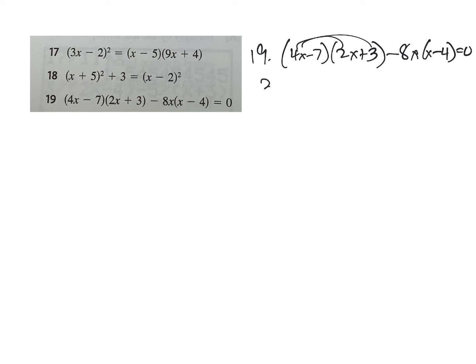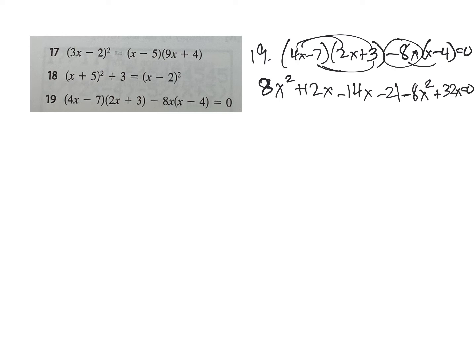So that's 8x squared plus 12x minus 14x minus 21. And here we have minus 8x squared. And the next one is important. Do you know what that's going to be? You should put down plus 32x.